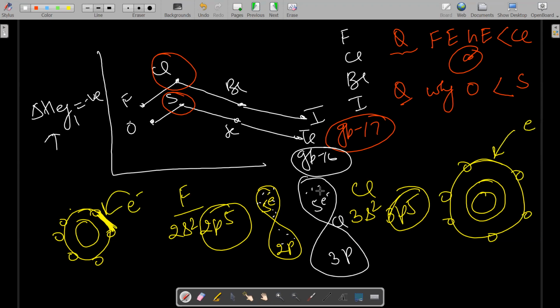And what do you see in chlorine? The size is larger, so the repulsion is less. And due to less repulsion, the electron will be easily attracted towards the nucleus. Same for oxygen and sulfur also.